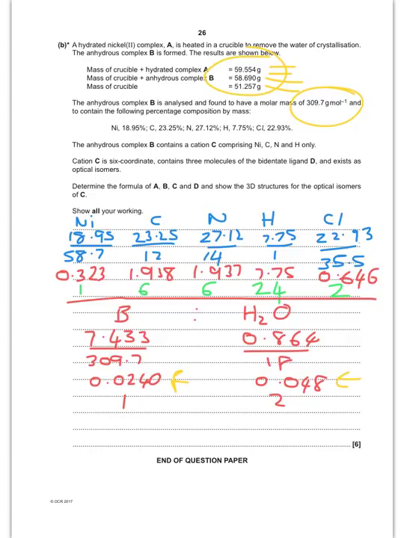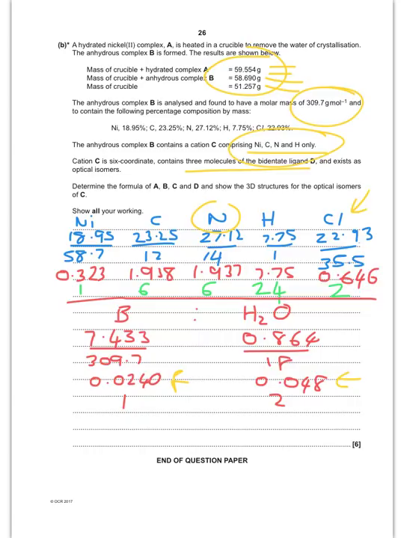Now they've told us that the anhydrous complex B contains cation C, which is nickel, carbon, nitrogen and hydrogen only, and contains 3 molecules of the bidentate ligand D. If you have a look at those atoms, which atom is going to be the donor? It's going to be nitrogen, isn't it? Because it has the lone pair. Chlorine is not involved in the ligand; they've told you that up here.